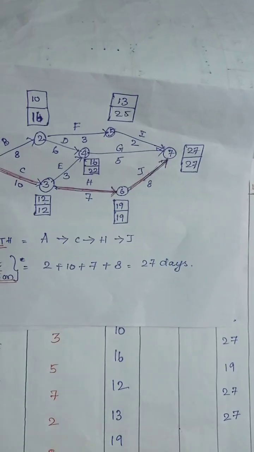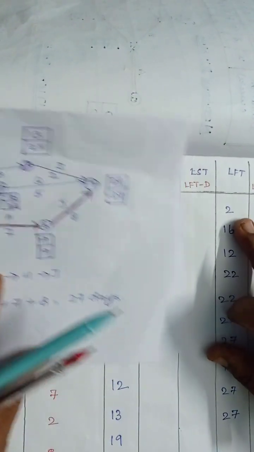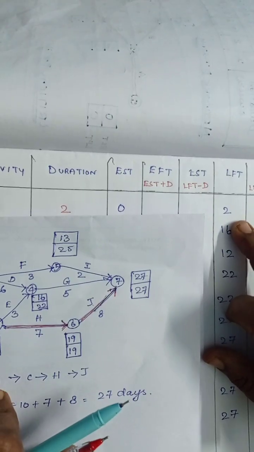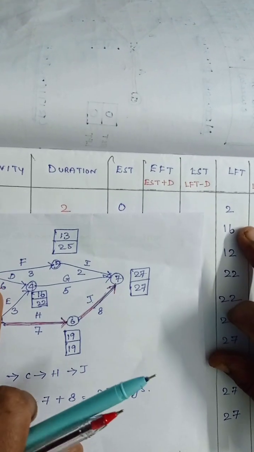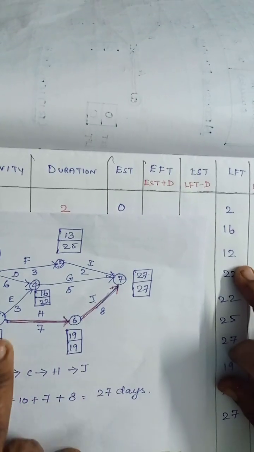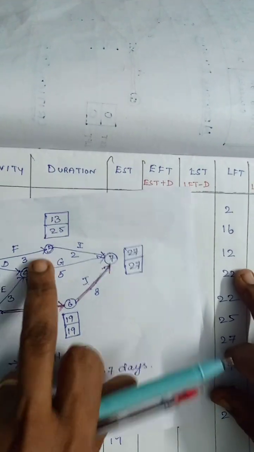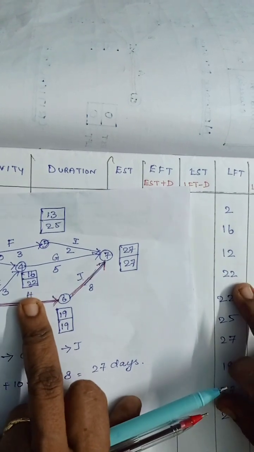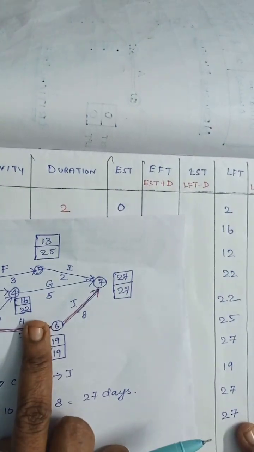So then next one is LFT. LFT of A is 2. LFT of B is 16. LFT of C is 12. LFT of D is 22. Likewise, you have to enter the LFT.